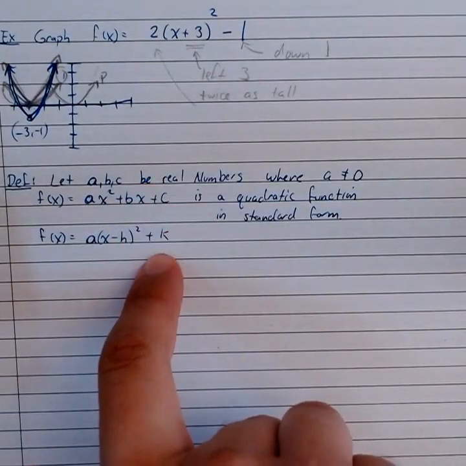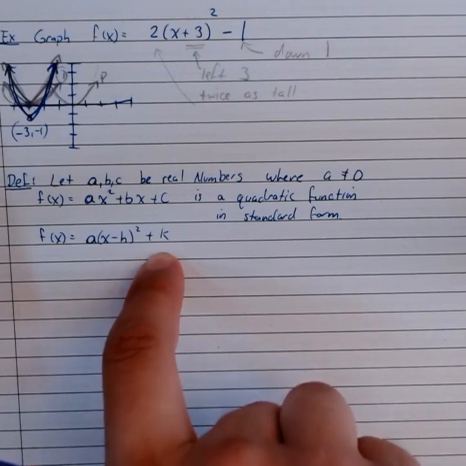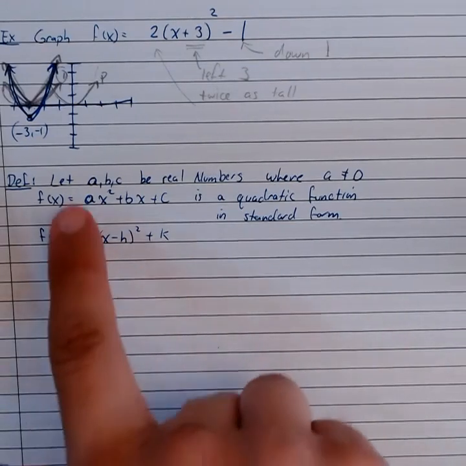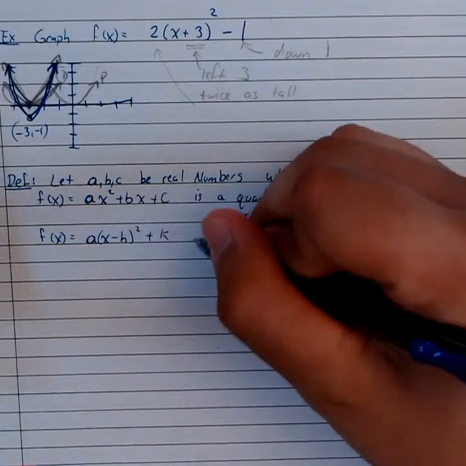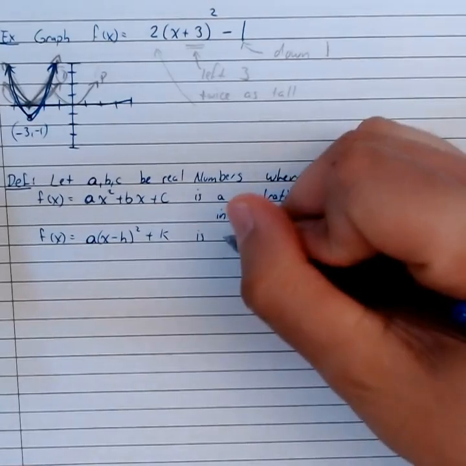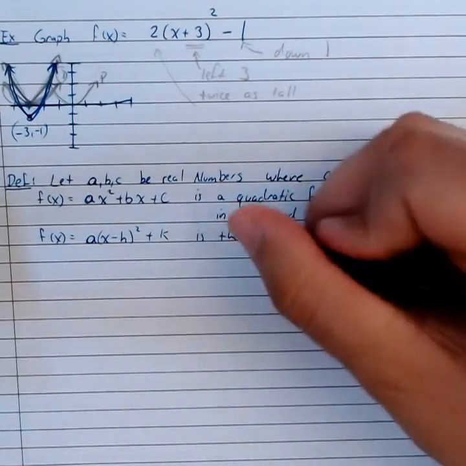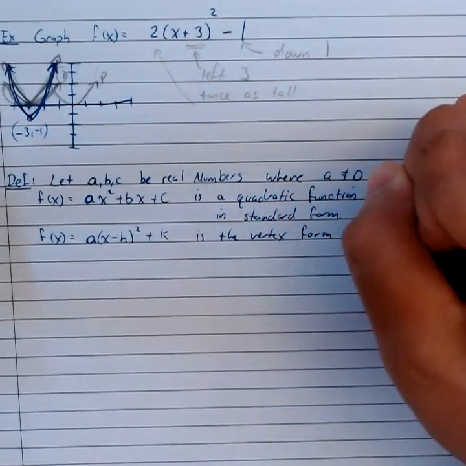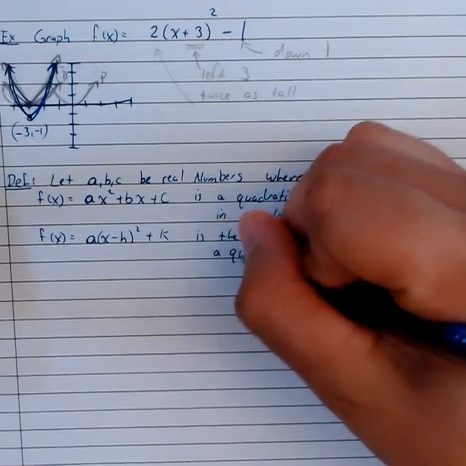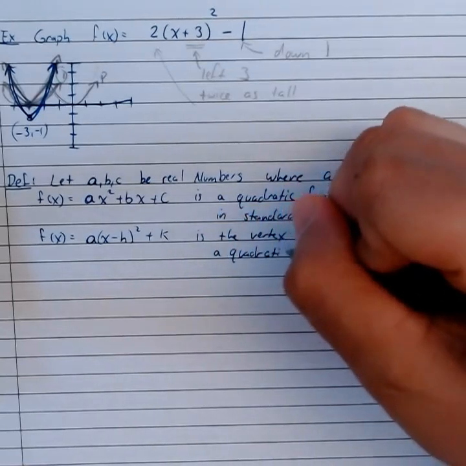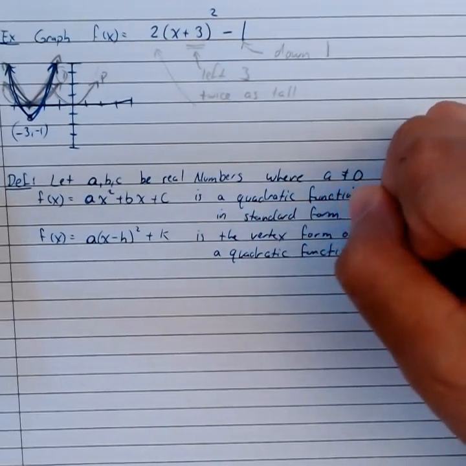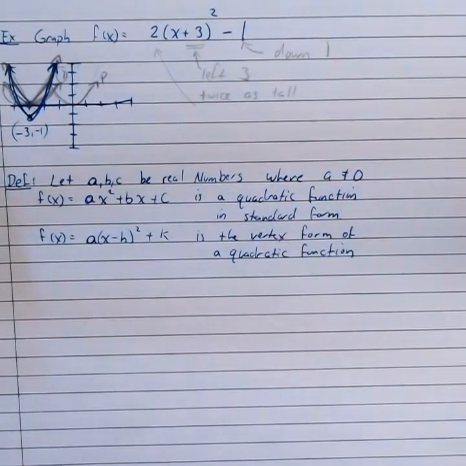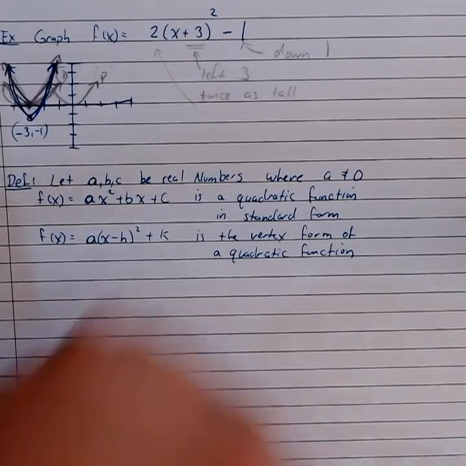We'll give the details here momentarily, but essentially it's going to be completing the square as we've seen in chapters 1 and 2. If you write your function this way, this is the vertex form of the quadratic function, where the vertex of the parabola is going to be h comma k.